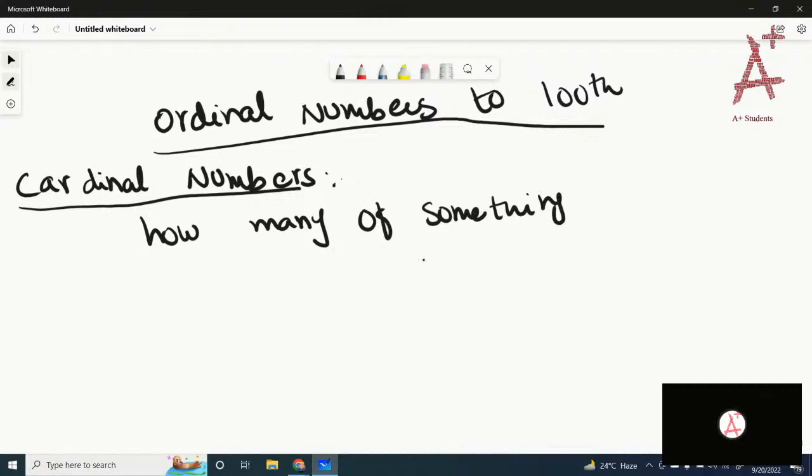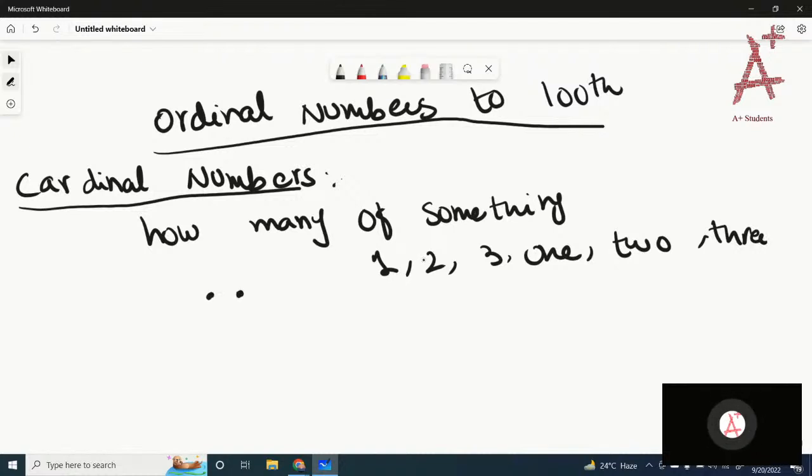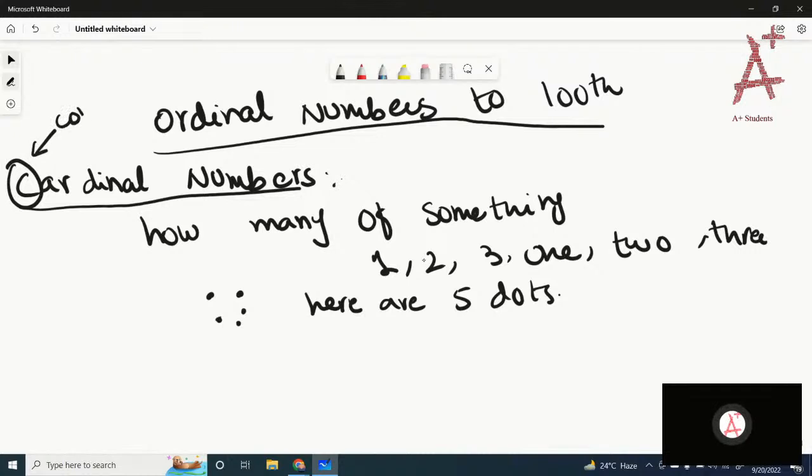For example, 1, 2, 3, or you can write them in words. Let's suppose you have 5 dots. You can say, here are 5 dots. You can count them, so they are cardinal. Got it? Just remember from the C, you have to count them. So C is counting. Cardinal means the things you can count are cardinal numbers.